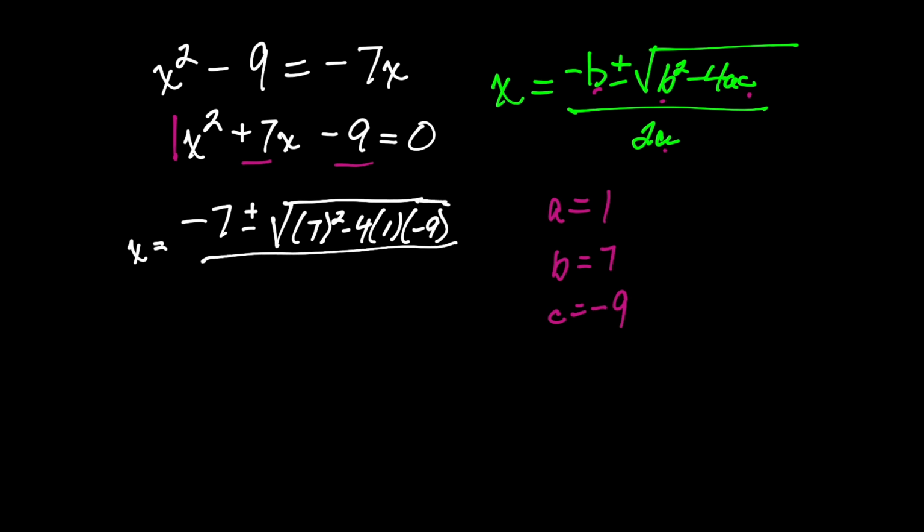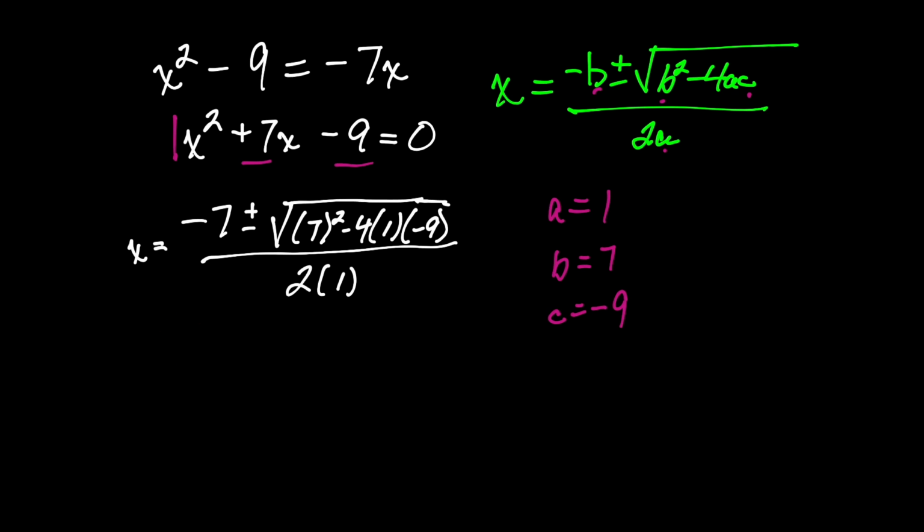And that's all over 2a. So just real quick, the opposite of 7 is the opposite of b. b squared is 7 squared. 4a is 1. c is negative 9. All over 2a. a is 1.